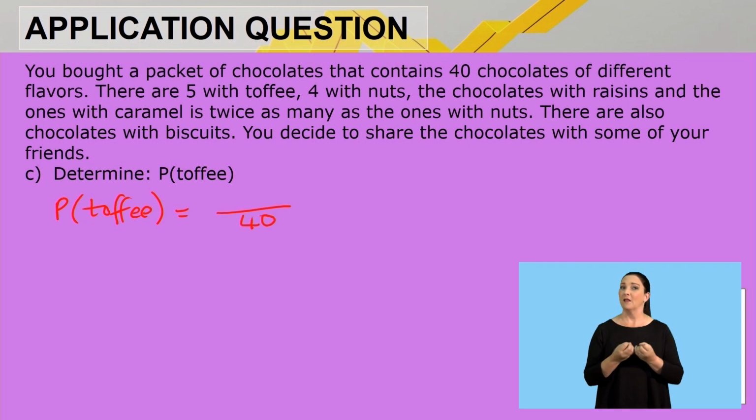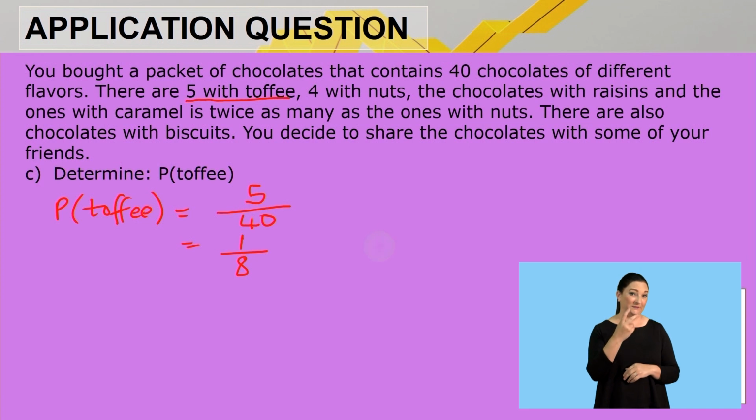Now I look, how many do we have with toffee here? I indicated it's 5 with toffee. So therefore, that will be 5 over a possible 40. Guys, remember, we always write our final answer in simplest form. So if I look at this, I can simplify this. We agree. So therefore, 5 goes into itself once and into 40 8 times. So that will give us an answer of 1 over 8.